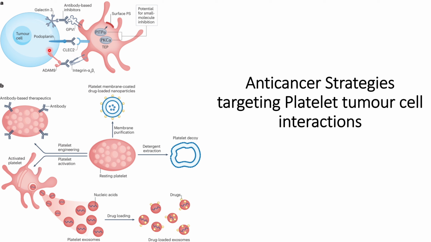The next approach is about modifying platelets, and there are different ways this can be done. First, the membrane can be purified from the platelets of either the patients affected with cancer, or from other patients or animals, and then that membrane can be loaded with nanoparticles, as platelets have a natural tendency to be attracted towards tumor cells.